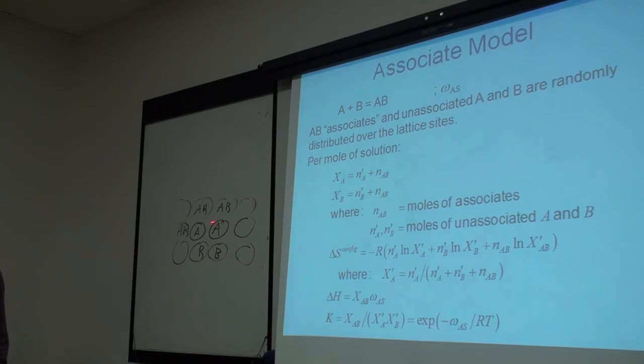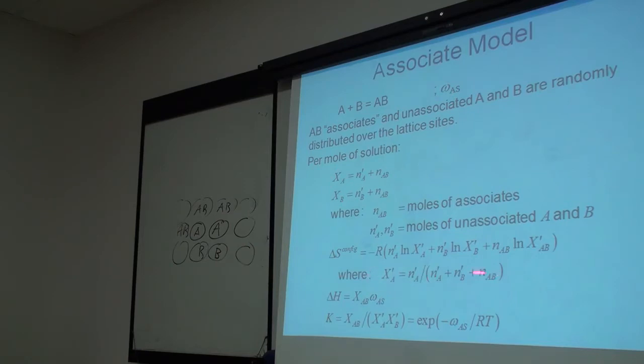The configurational entropy then, as I said, is simply given by mixing the 3 types, so this is a random mixture of N prime A unassociated A, N prime B unassociated B, and NAB AB's, where the X primes now are the mole fractions of the species. XA is the overall thing, just as you define the system. XA is the overall mole fraction of A in the entire system, including all the A's.